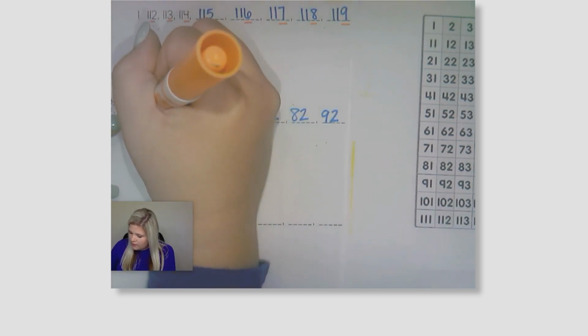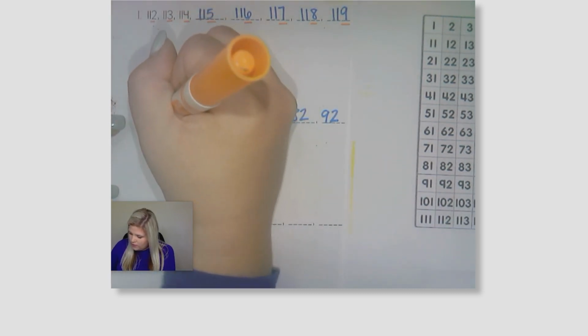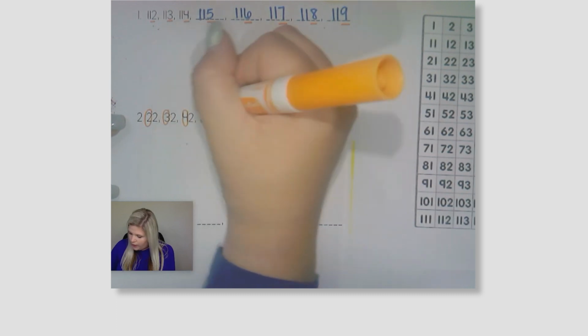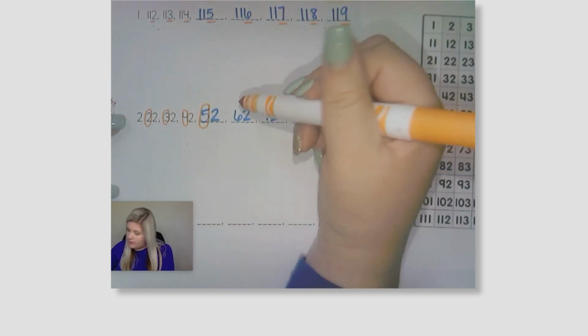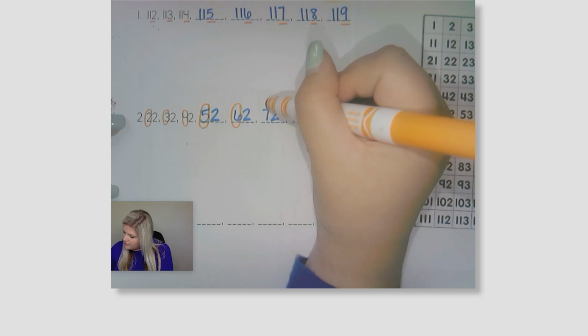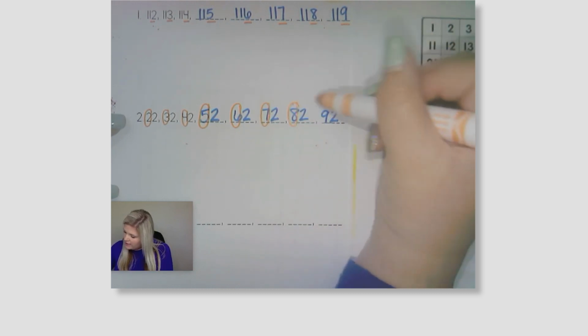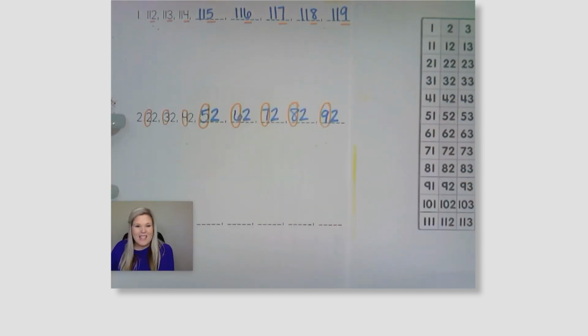I'm going to circle it. 2, 3, 4, 5, 6, 7, 8, 9. Did those increase by 1 each time? It did. So we are counting by tens.